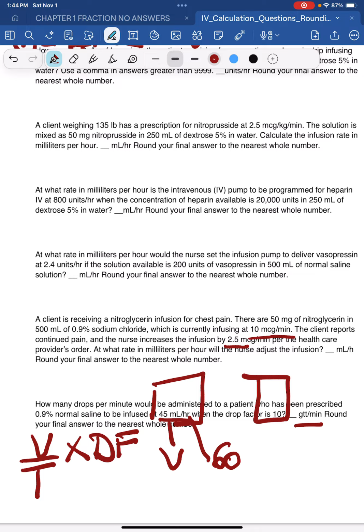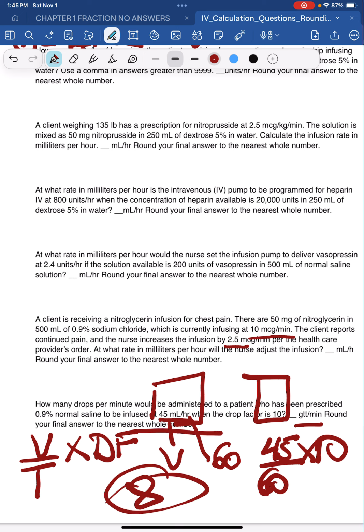So drop per minute now becomes 45 divided by 60, multiplied by drop factor, which is 10. So let's go down there. 45 times 10 is 450, then divide that by 60. I got 7.5, but they say round to the nearest whole number, so it will be 8. All right, so this is how we can solve those questions, my dear friend.